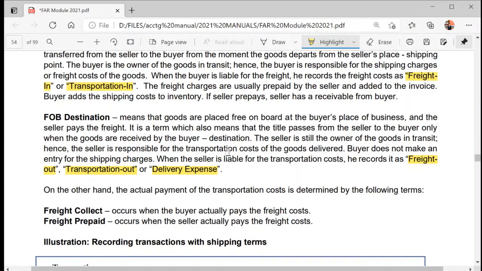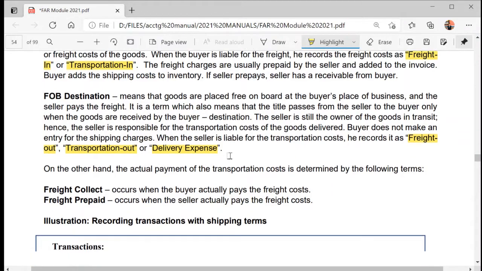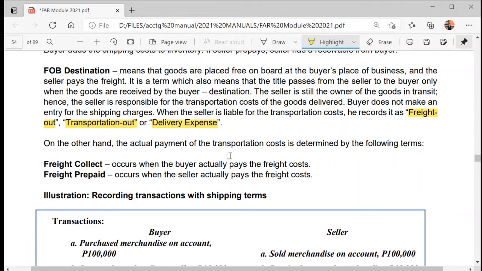And if we're talking about who made the actual payment for the freight cost, it will depend on the following terms: freight collect, freight prepaid. If it's a freight collect, the agreement would be the buyer will be the one to pay for the freight.